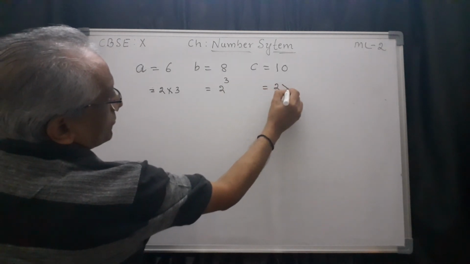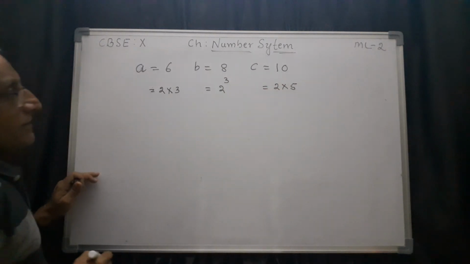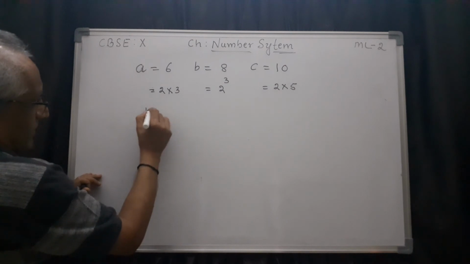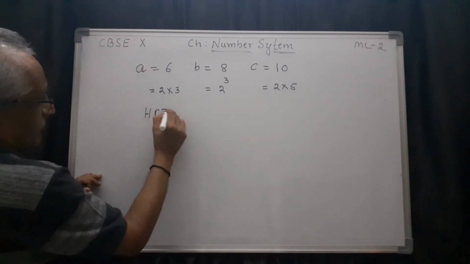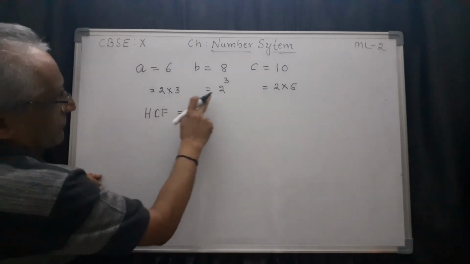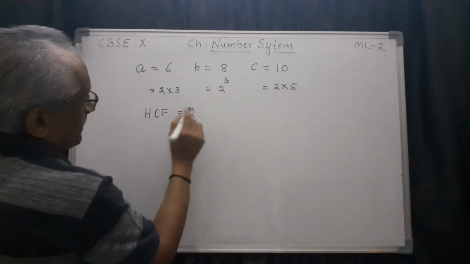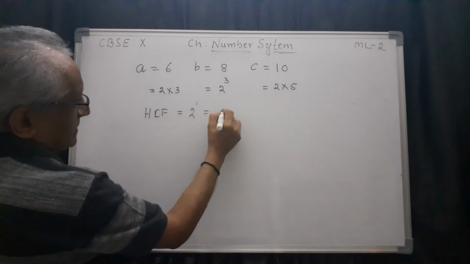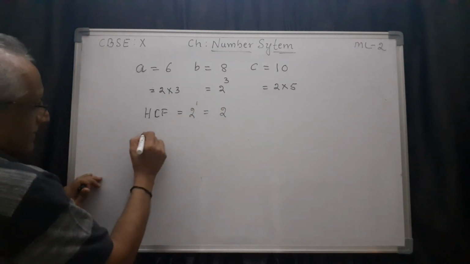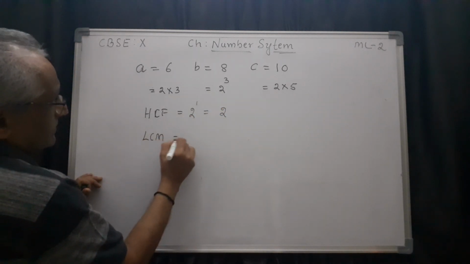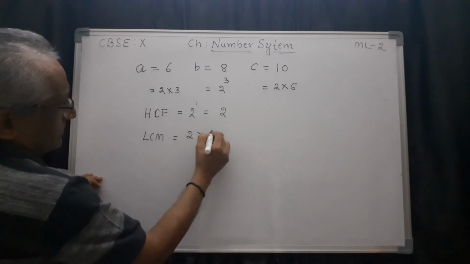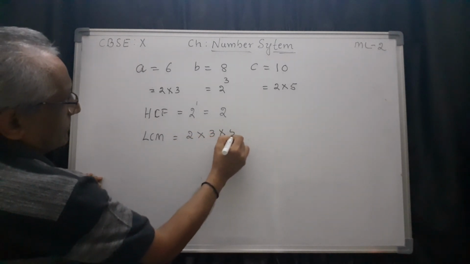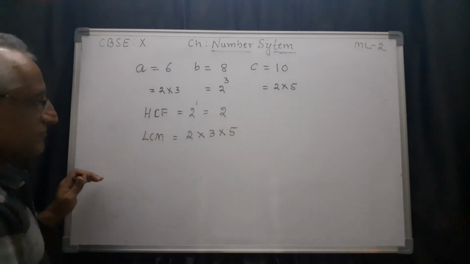This is 2 into 5. Now as per the method actually, HCF will be equal to, first I have to search for the common factor, it is 2. And I have to see the lowest power, this is 1. So HCF is 2. Then LCM is 2 I have to write, no choice. 3 also I have to write, 5 also I have to write. I have to write all the factors.